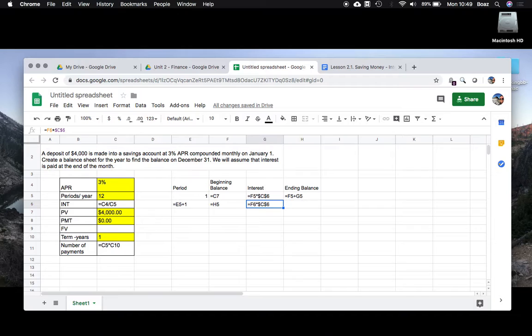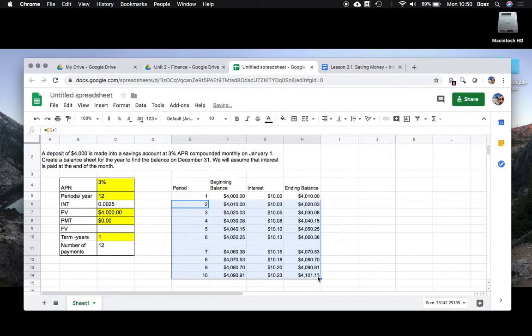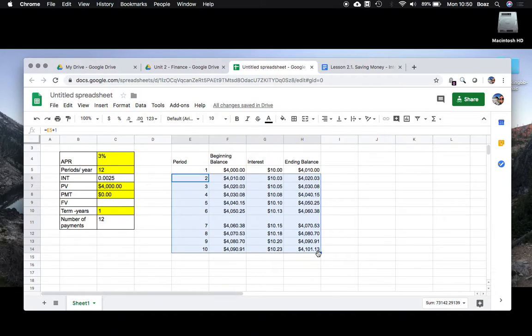And then the ending balance, we can copy this down. And we see now that it seems like everything's pointing correctly. And when we copy this down, we see that we do indeed get the correct amount.